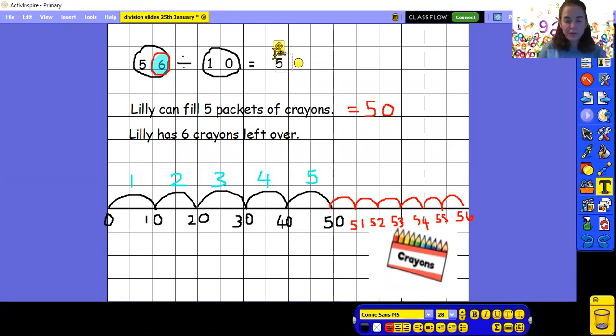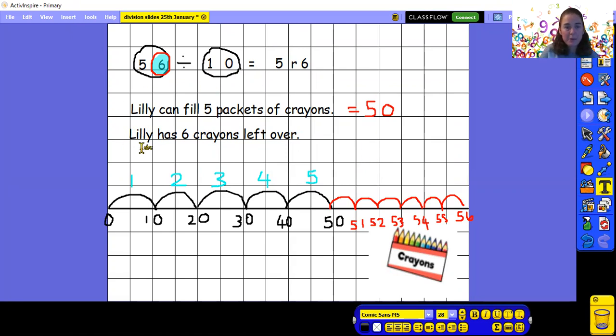So what you do is you write a letter R. It's called a remainder. What is remaining? So it's 5, remainder 6. There were 6 left over. So that is the answer. Well done. Excellent job. Now, in year 2, we don't really need to cover remainders, but it's great to see your problem solving skills in action there.